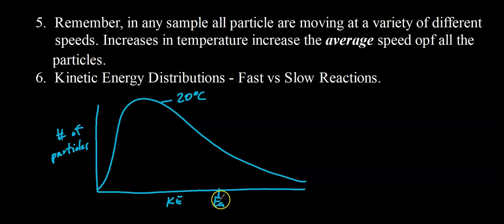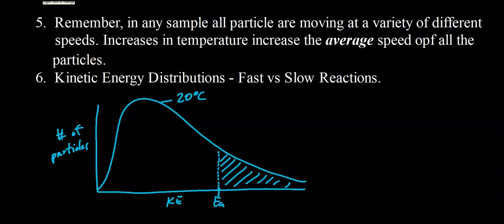This represents the minimum kinetic energy that the particles must possess in order for a collision to result in a reaction. How many particles at this temperature have enough energy to react? If we extend this up to the curve, this whole shaded area, the area under the curve, represents the total number of particles at that temperature that have enough energy to react.